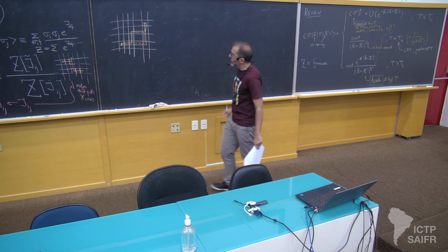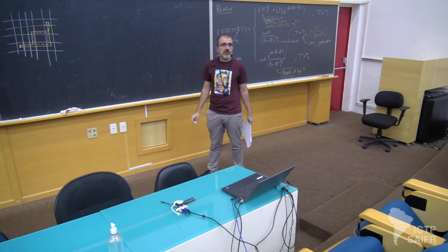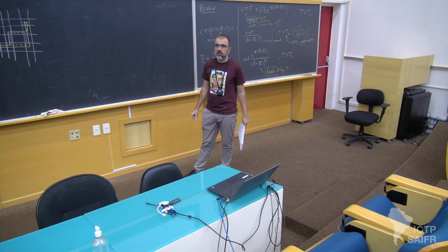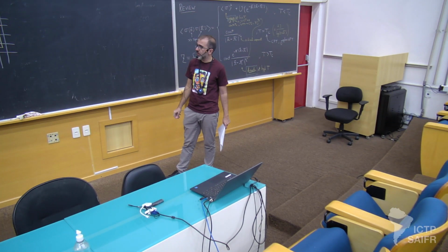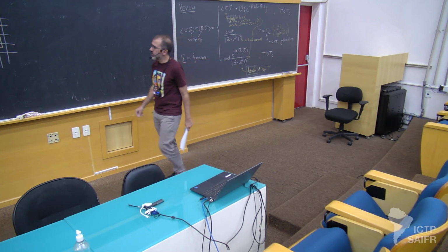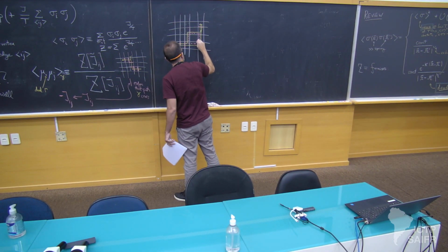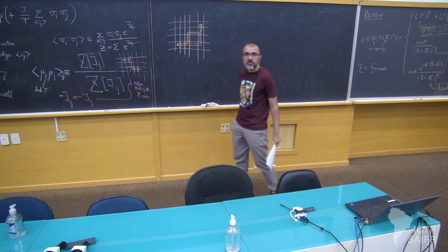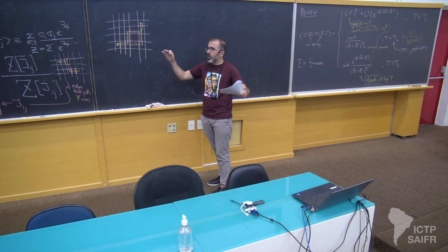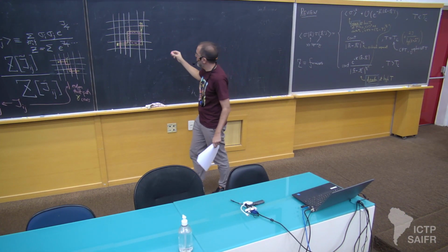Inside this dashed line, how many spins are there in this example? 4, right? One here, one here, one here, and one here. With a bigger domain, there will be more spins.